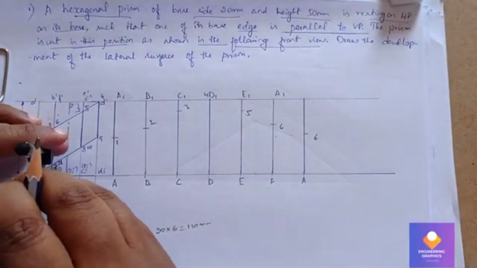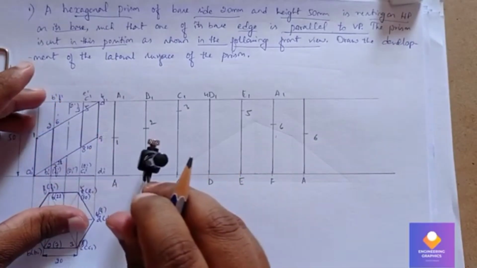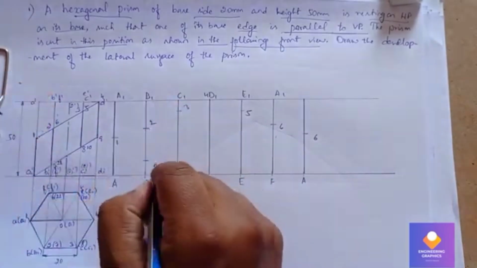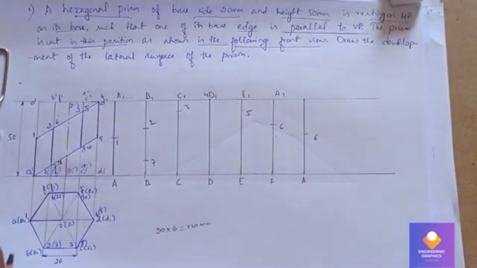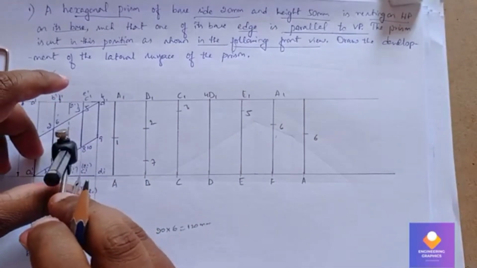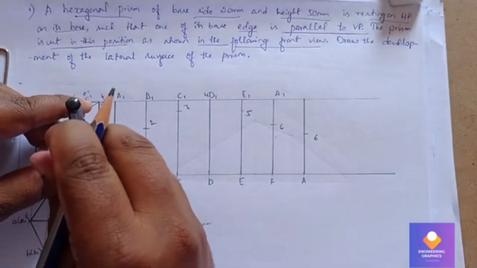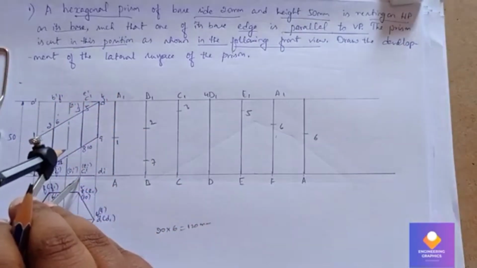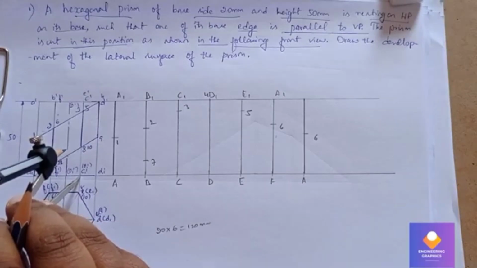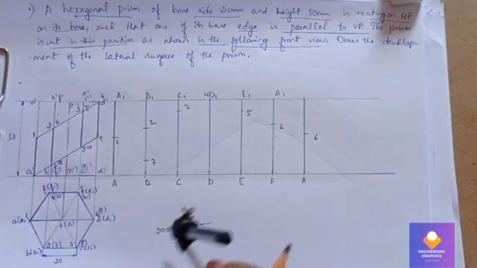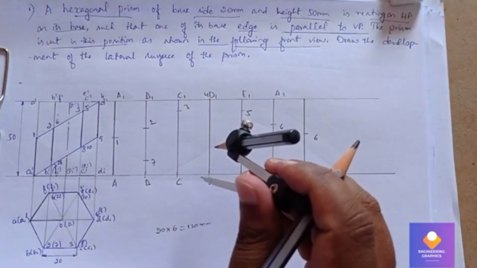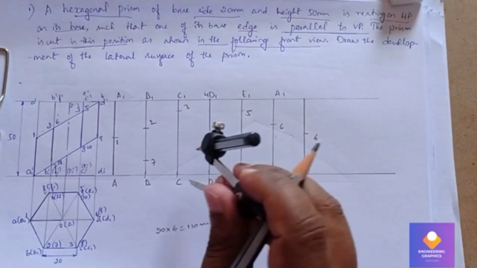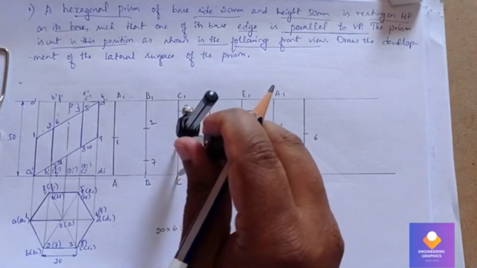Now again we need to measure for the bottom face. On the vertical edge B it is 7. Now we need to measure for 8 on the vertical edge C. Measure the length from C1 to 8 and it has to be cut on the vertical edge C here, that is point number 8.